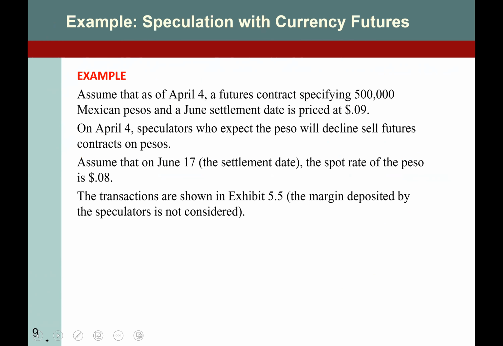So let's talk about the example here. Assume that as of April 4, a future contract specifying 500,000 Mexican pesos and a June settlement date is priced at $0.09.